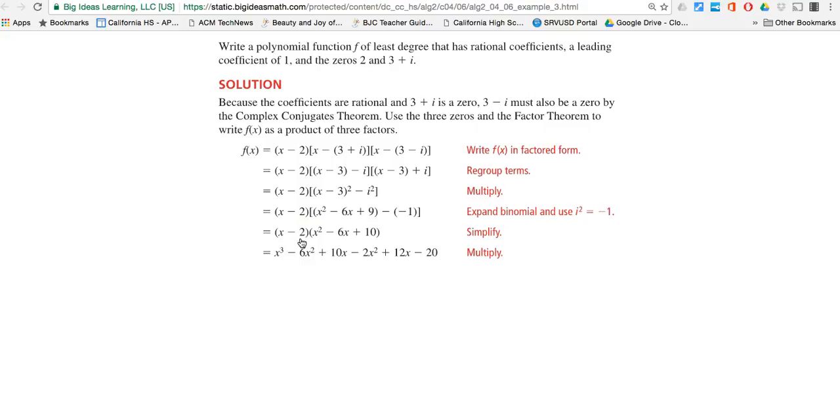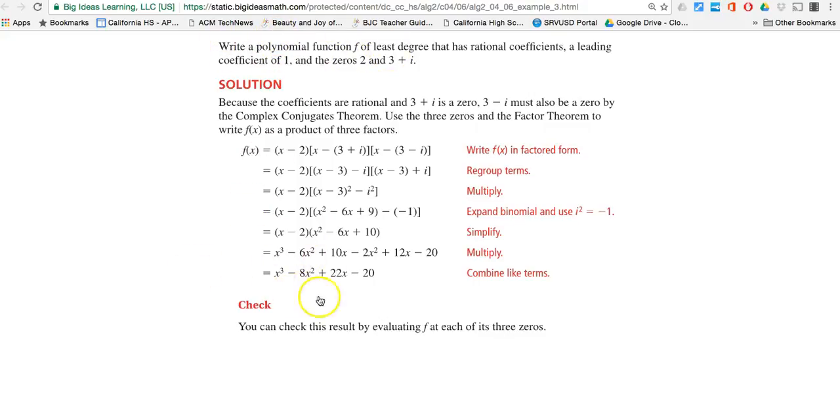Now we can go ahead and we need to combine like terms to get one single polynomial. When we multiply that together, we get x cubed minus 8x squared plus 22x minus 20.